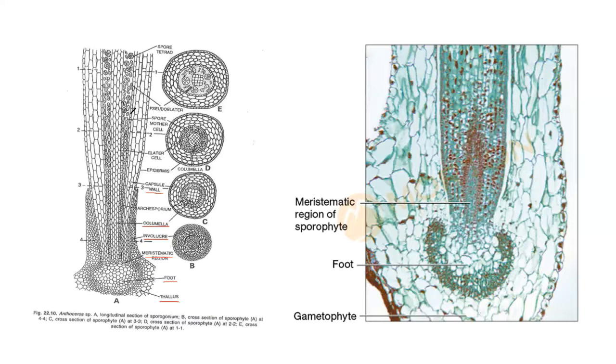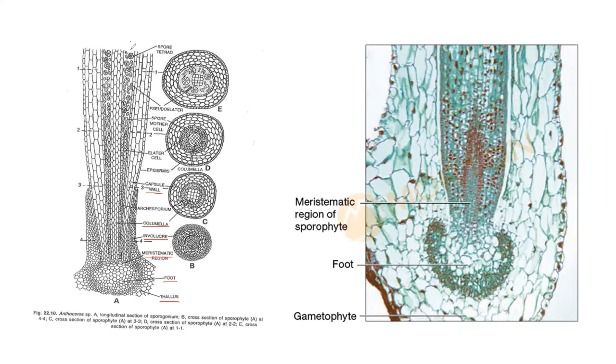It is sporogenesis which is taking place, and in this sporogenesis, the spore mother cells undergo meiosis to produce haploid spores. So right from the base to the top, you'll be able to see the different stages.